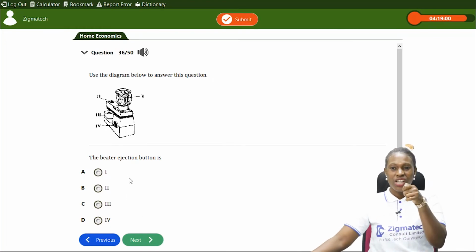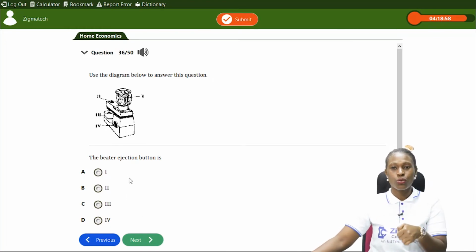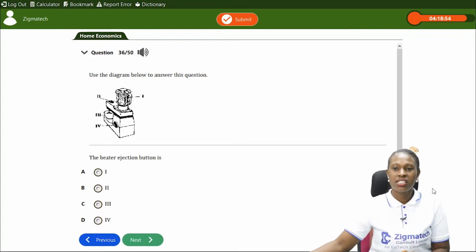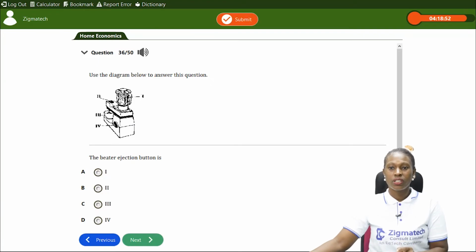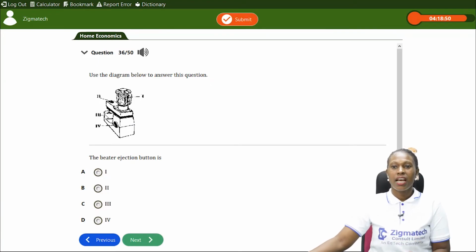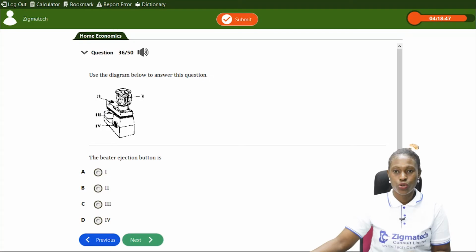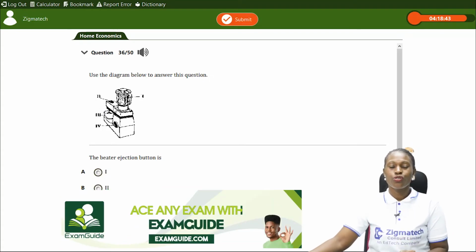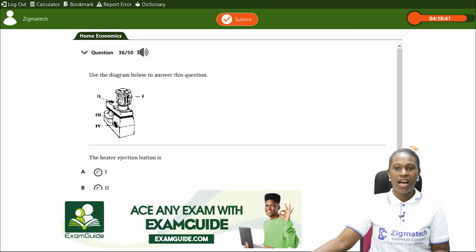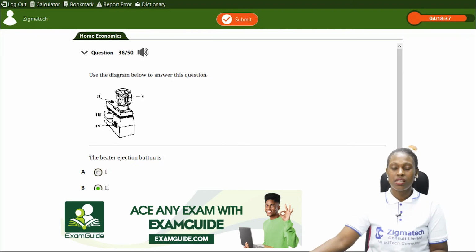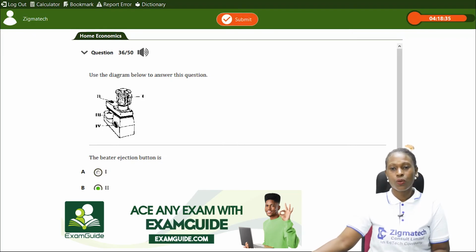So now the ejector is what they're asking you to identify here. Now look at it properly. This is the ejector for this diagram you have here, which is 2. So when you press here, then you are ejecting the beater. So the option here is B. B is the right answer for that question.